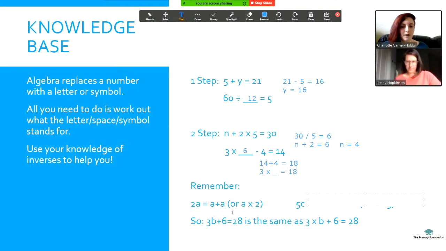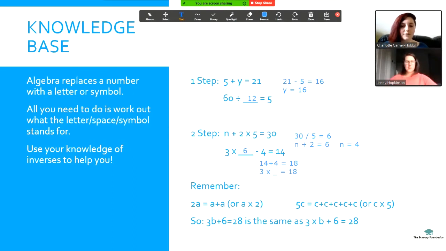So if I have something like 3b plus 6 is 28, what I mean by that is 3 multiplied by b plus 6 is 28. Okay, so we're going in order. Yeah, generally speaking, that's how it's going to work. If they need you to use Bidmas for something like this, normally they'll tell you that's the case.